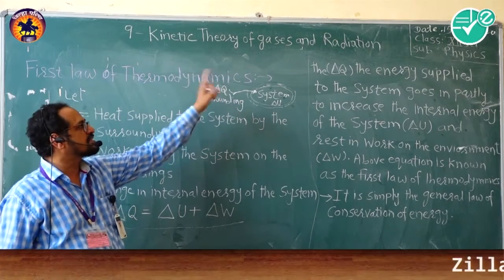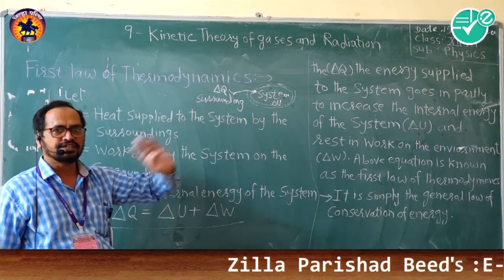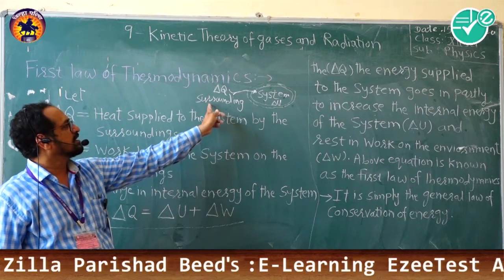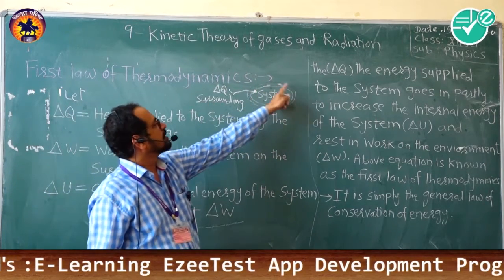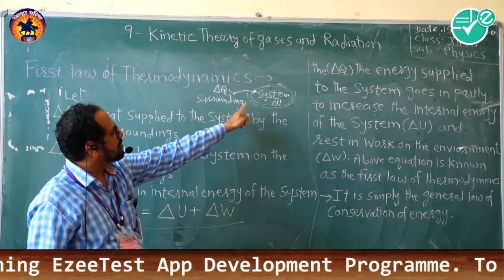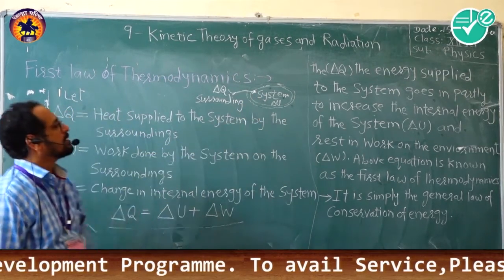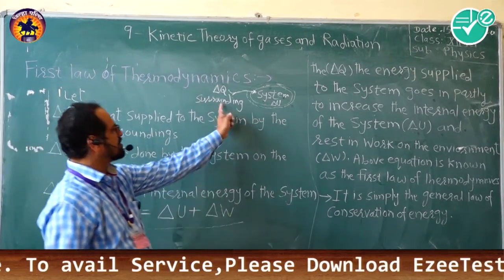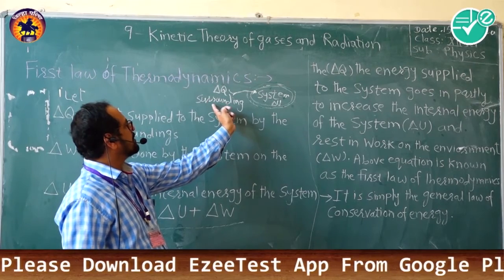If both have the same temperature, then there is no transfer of heat. So the surrounding has a different temperature and the system has the boundary.